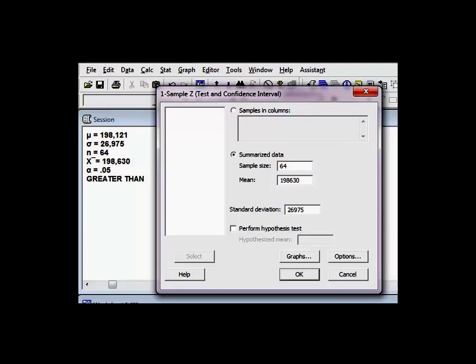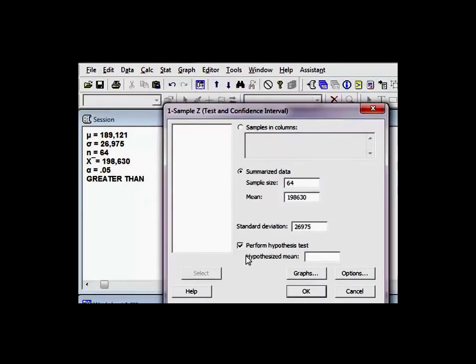The standard deviation was given to me as 26,975. And now what I want to do is perform a hypothesis test. So we want to know, what is the hypothesized mean? Well, the mean was given to us as 189,121.